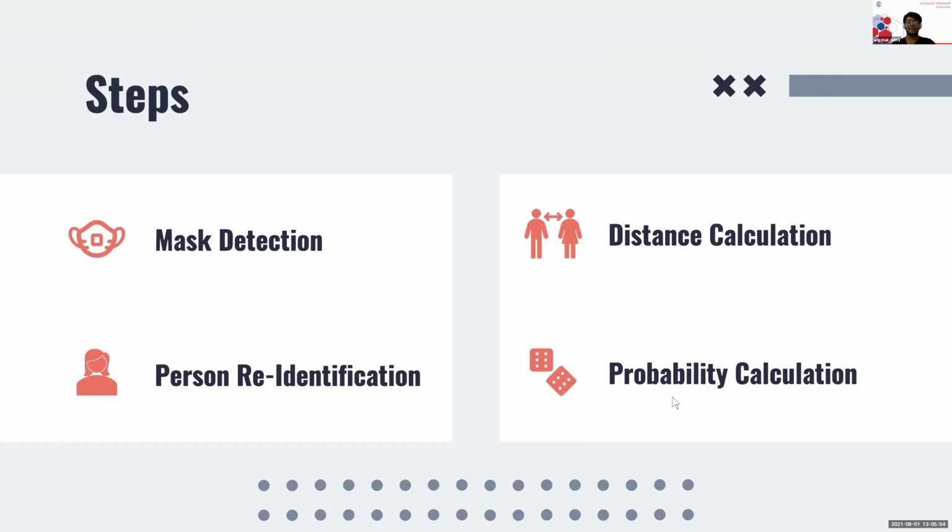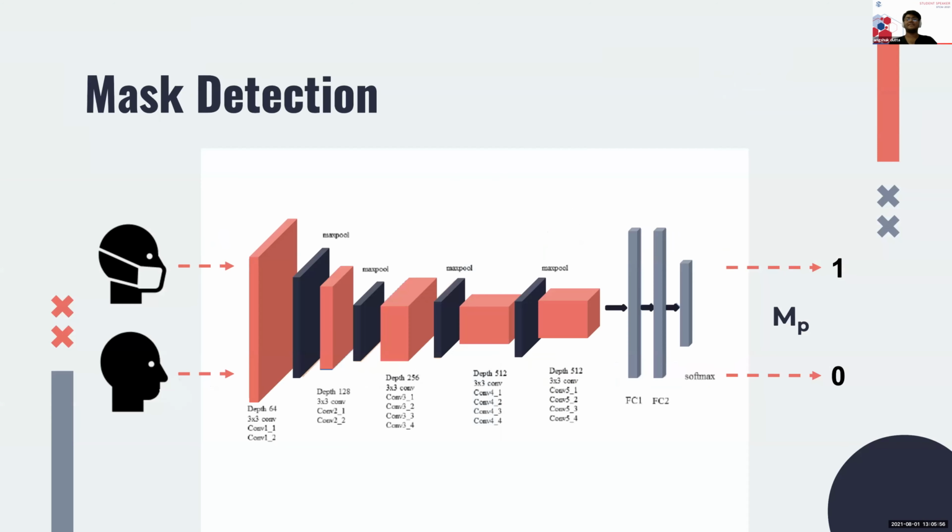Okay, moving on. Our first step is mask detection. So over here, we have employed the model VGG19 with batch normalization. The VGG19 model consists of 19 convolutional layers, and the input it receives is the frame from the CCTV footage. So let's take our example here. Here we have a frame with two people, the first person wearing a mask and the second person not wearing a mask.